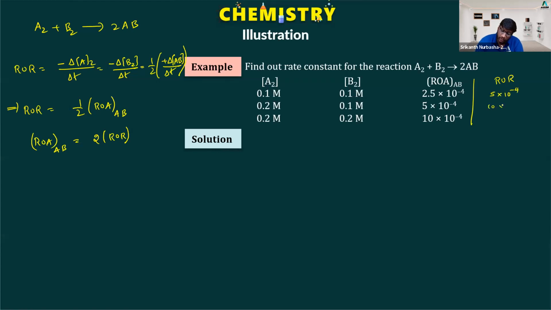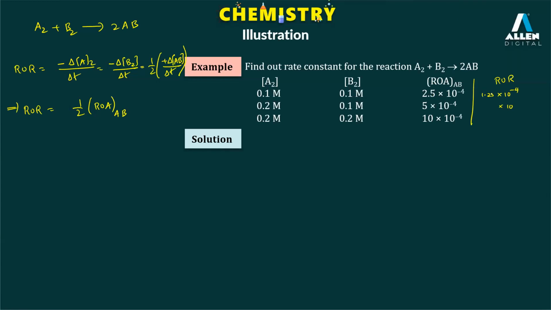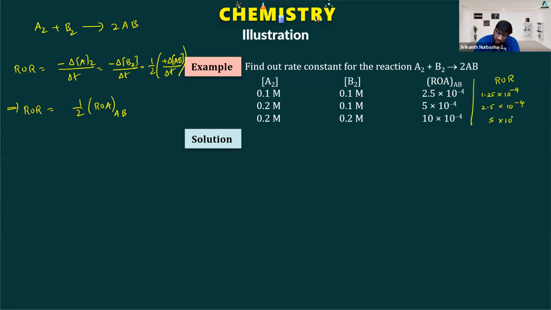Sorry, the rate of reaction is half of the rate of appearance of AB, right? Half I have to do. I should not do double, I have to do half, because the rate of reaction is half of the rate of appearance of AB. That is 1.25, 2.5, 5 into 10 power minus 4. So these are the rates of reaction.